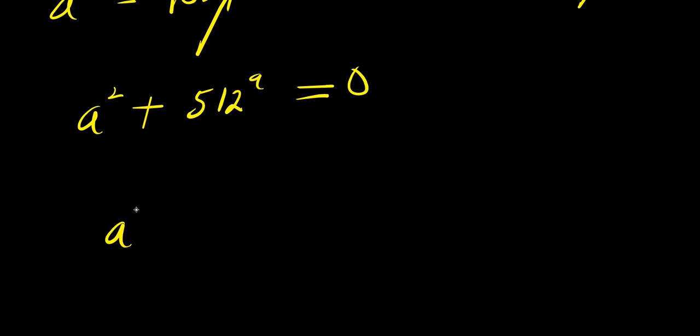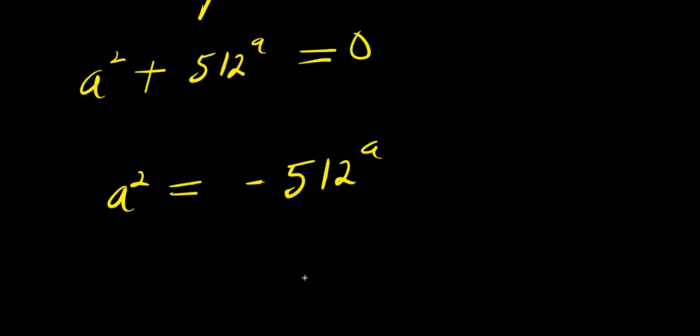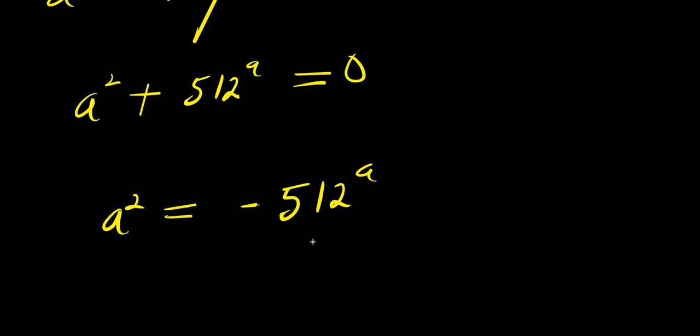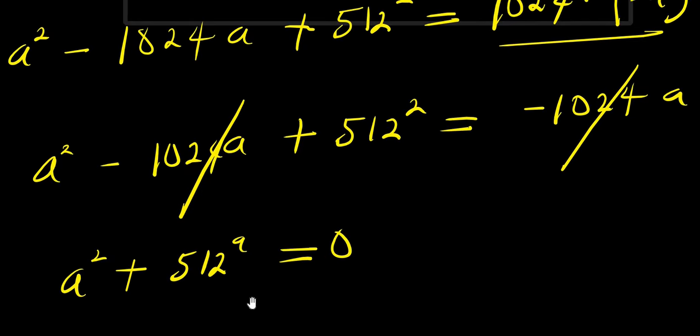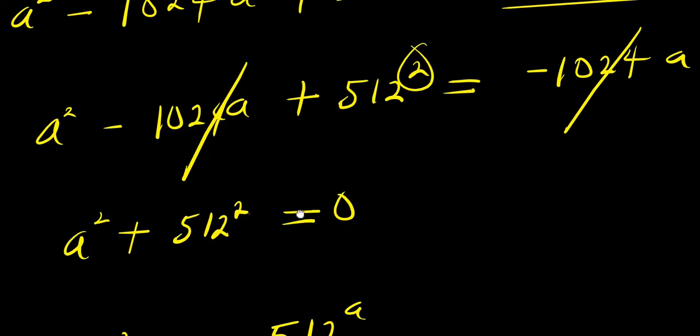So from here, I have a squared equals negative 512 to the power 2. Not a, so this is power 2, because it's power 2 here.